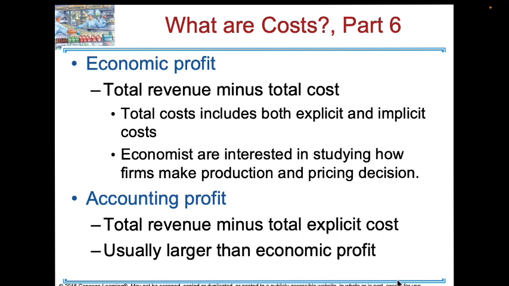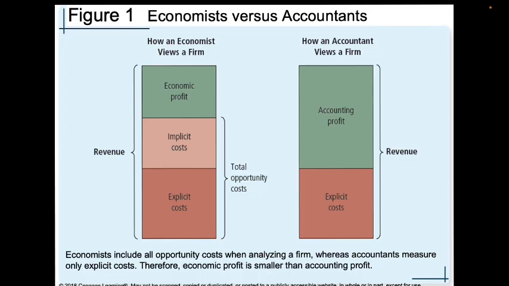This would therefore mean that an economist's profit is going to be smaller compared to an accountant's profit. An accountant does not consider the implicit cost as a cost. So for an accountant, the bigger portion is going to be the profit compared to an economist.